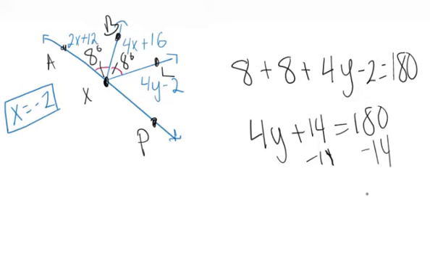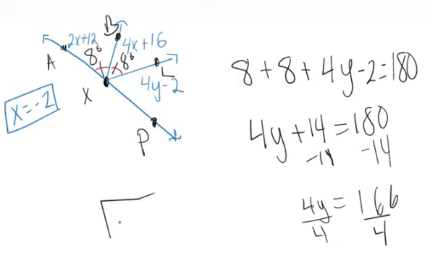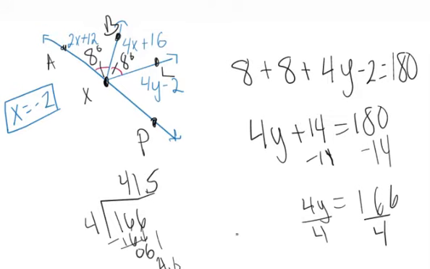We're going to subtract 14 from 180, so I'll be left with 166 equals 4y, and then we can divide by 4, okay? And so we'll just do long division real quick. So 4 goes into 16 4 times, and then we're going to get 6. It'll go into that once, and then there we are. Bring down 2 and 0, so it's going to be 41.5. Okay, so we get y equals 41.5.